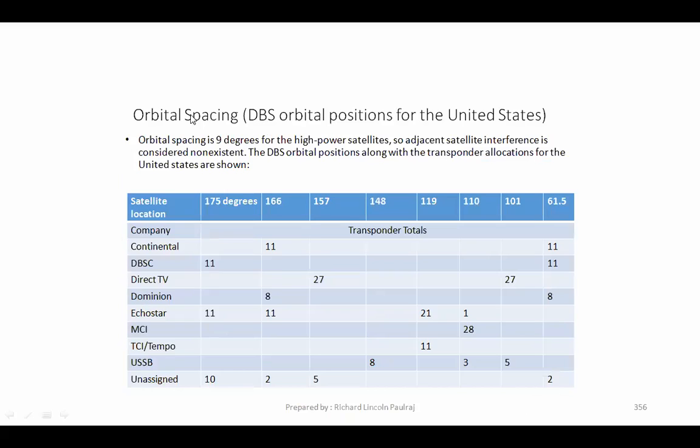Then here we spoke about the orbital spacing. Now this is an important factor where each satellite is to be spaced apart. If they are not spaced apart, due to the drifting of satellites, there can be chances that these satellites might collide and have damage. Not only that, there can even be interference.